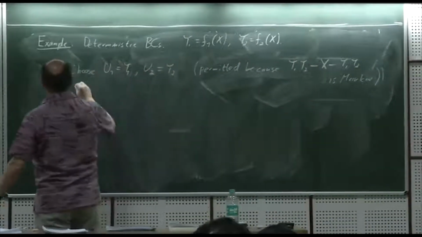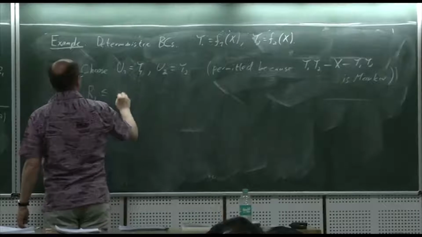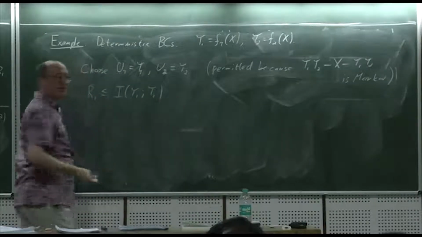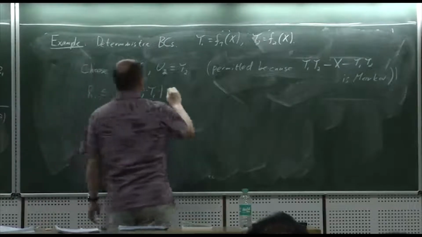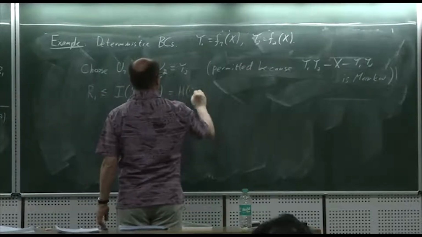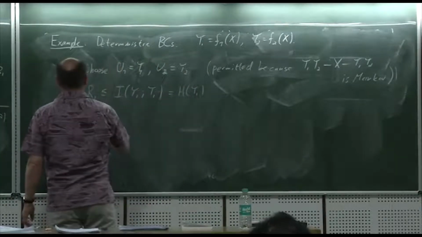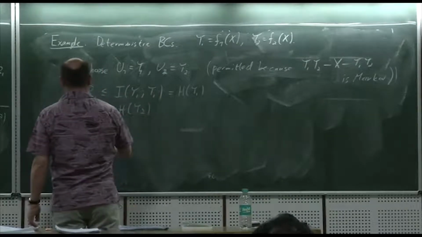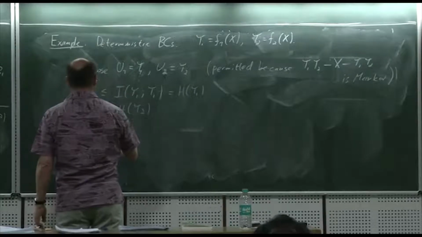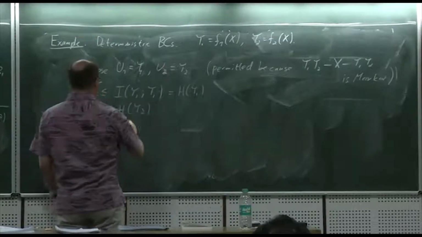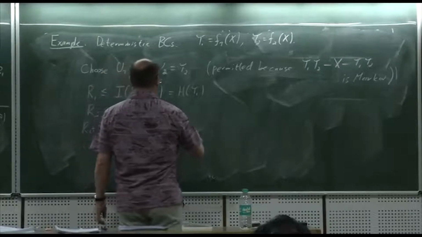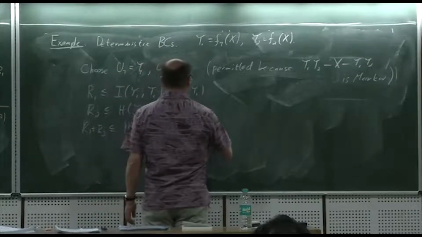Let's just plug it in. So we'll get R1 less than I of Y1; Y1. What is I of Y1; Y1? It's just the entropy. R2 is less than the entropy of Y2. And R1 plus R2 is less than or equal to the entropy of Y1 plus the entropy of Y2 minus the mutual information between Y1 and Y2.